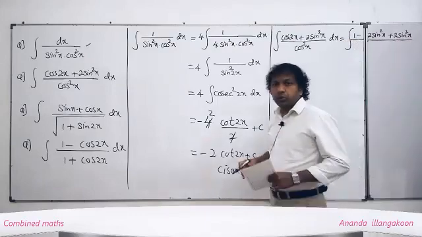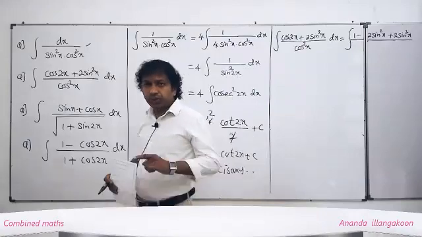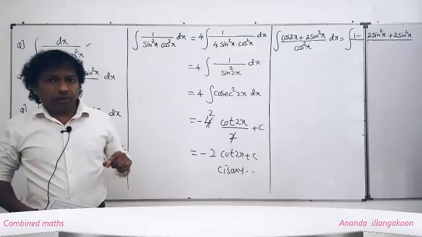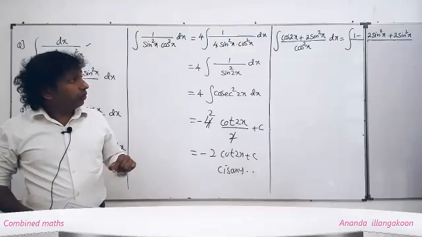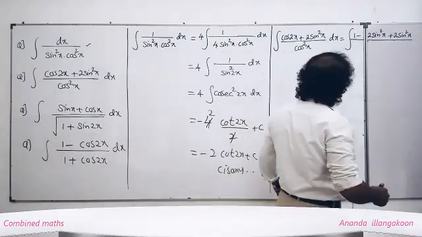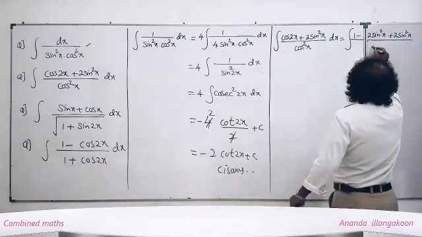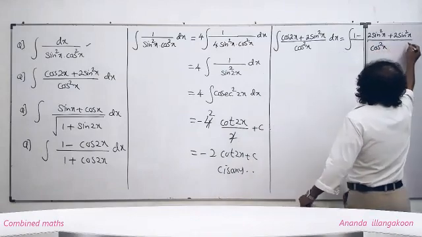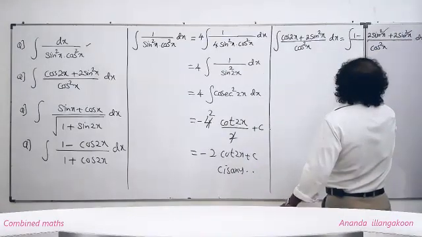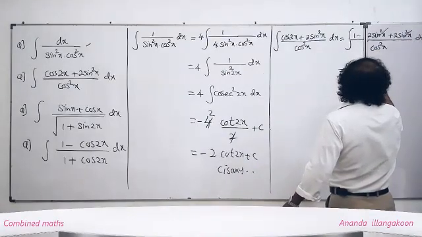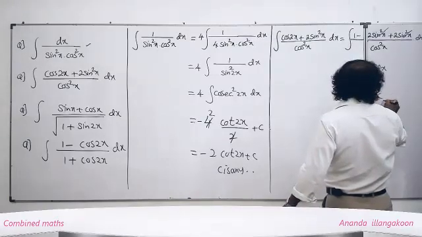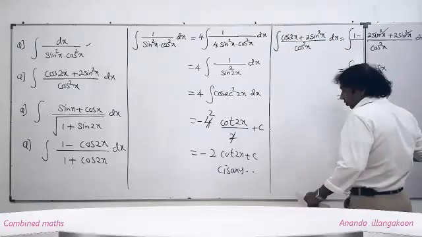We know for cos 2a there are 3 formulas now, people: cos squared a minus sin squared a, 2 cos squared a minus 1, and 1 minus 2 sin squared a. Then I wrote that like that. Then here we have 1 upon cos squared x dx. These two sin squared terms you can cancel down. And here we have sec squared x dx. Sec squared means tan x plus c. C is any constant.